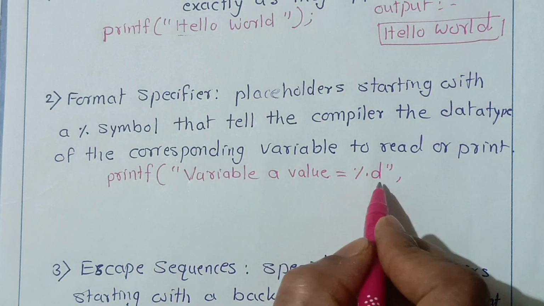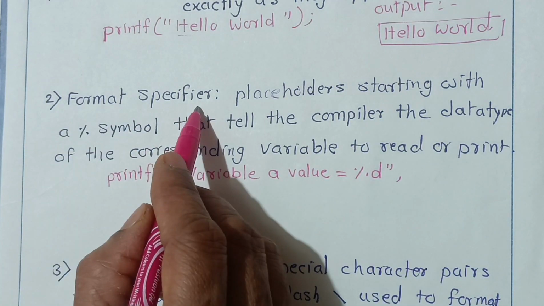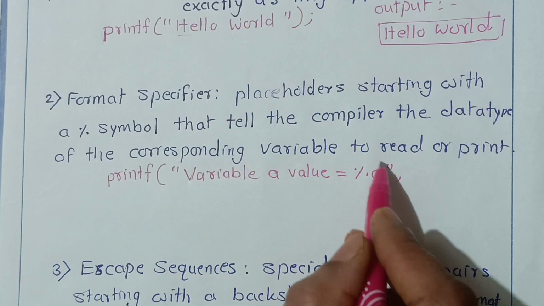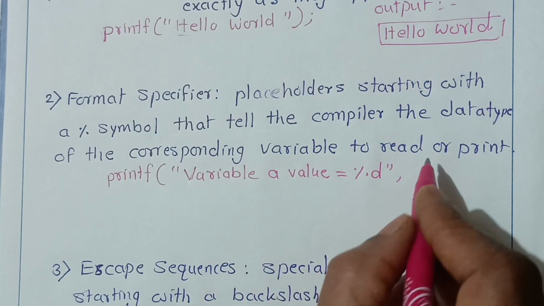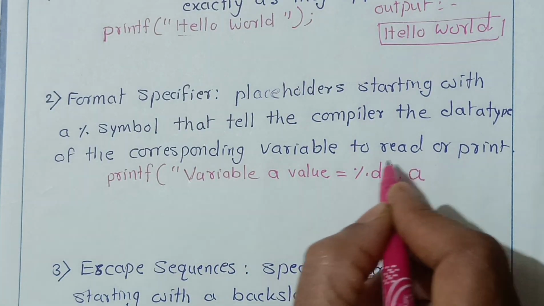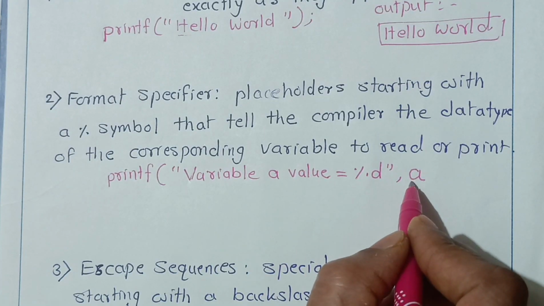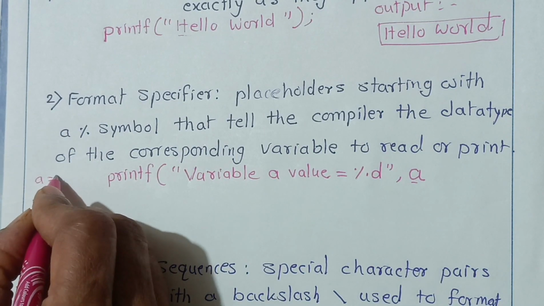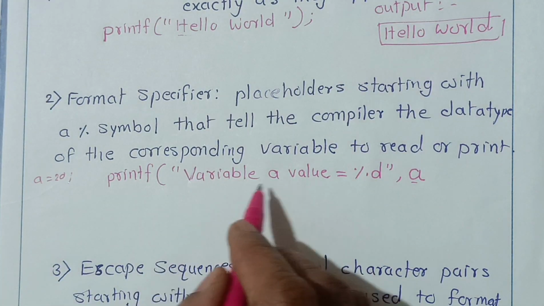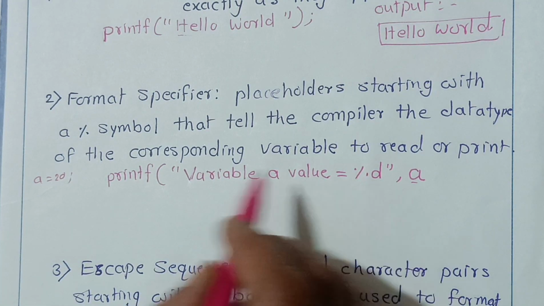Percentage d is a format specifier. It tells the data type of the corresponding variable a, and where the value should be placed. Suppose a is equal to 20, then the output will be variable a value equal to 20.